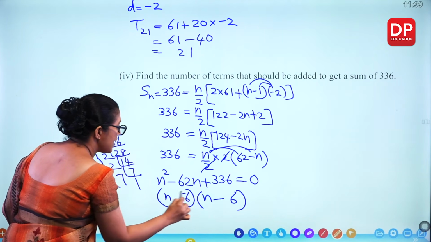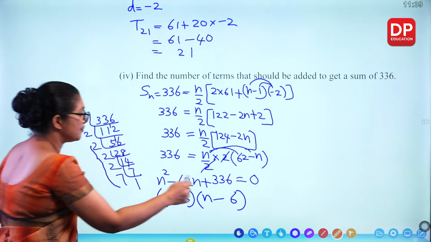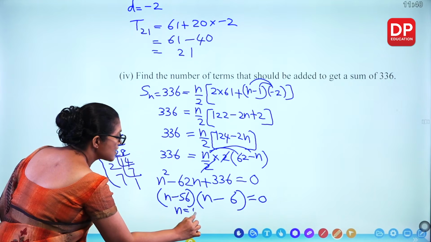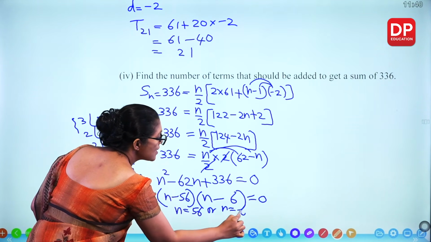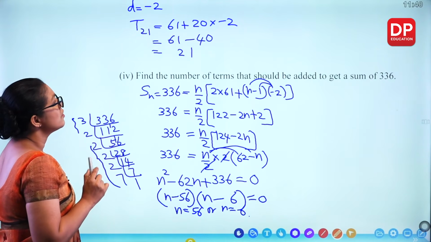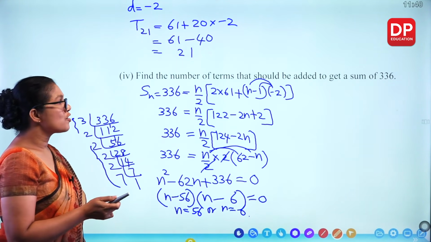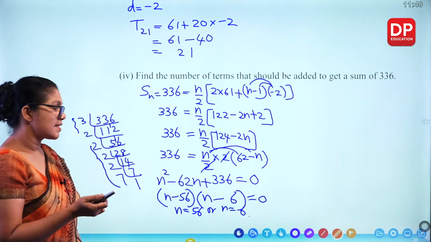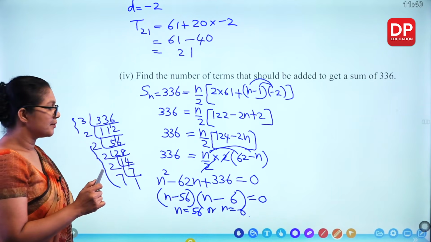So both are negative because the middle term is negative. So n can be 56 or n equals 6. So how many terms? When you add 6 terms you are getting 336, and when you add 56 terms also you are getting 336.